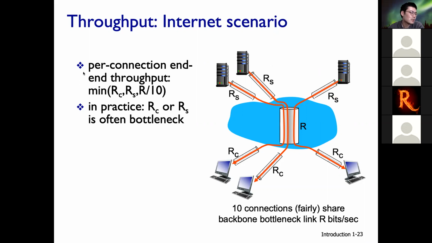This is called the per-connection end-to-end throughput. Here we have, for example, from these servers to the computers, a client rate and a server rate, and assume we use some fair protocol like TCP. They will back off until finally, let's say we have 10 machines, everyone will just consume 1/10 of the bandwidth.